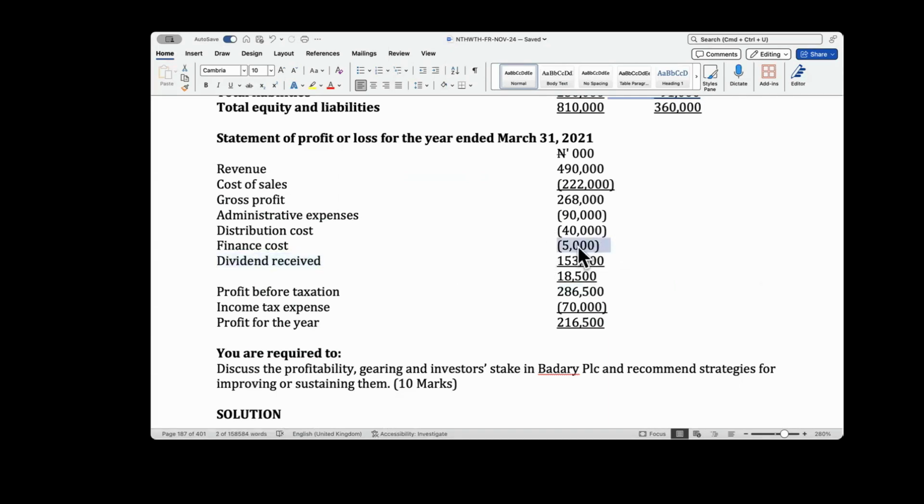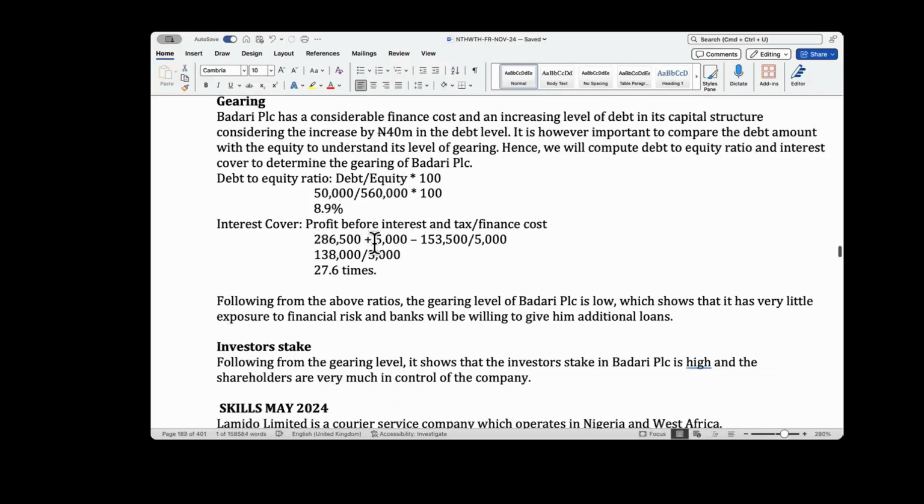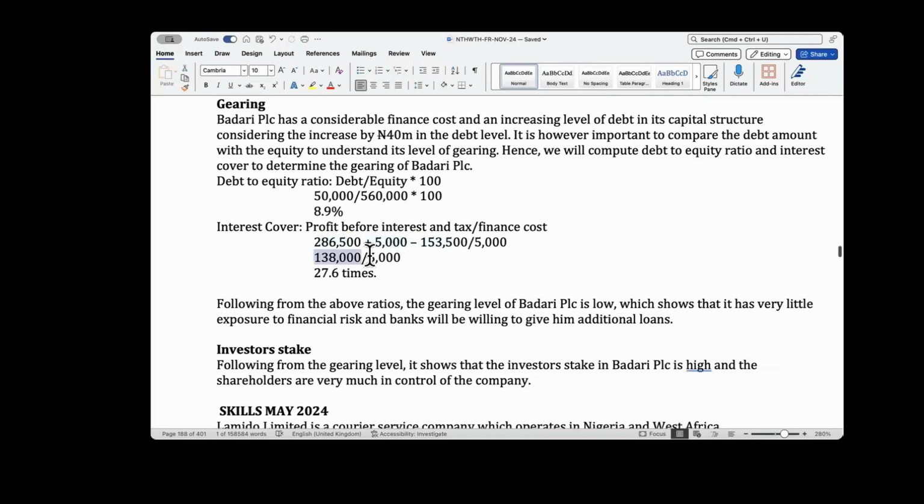The finance cost they have deducted, I added back. The dividend received they have added, I deducted, all from this PBT. That gives me my PBIT: 286 plus 5,000 minus this. Whatever I got, which is 138,000, I divide by 5,000, which is 27.8 times.